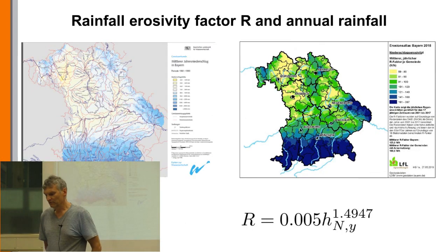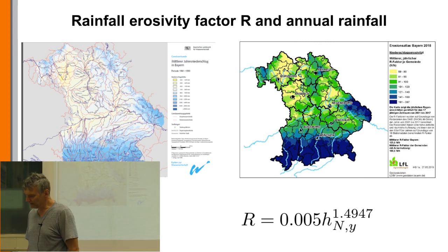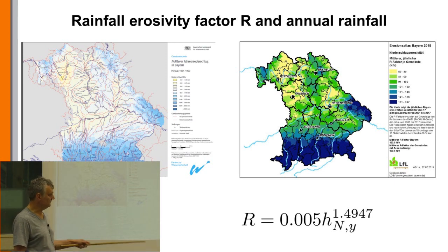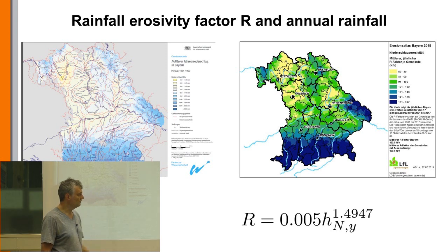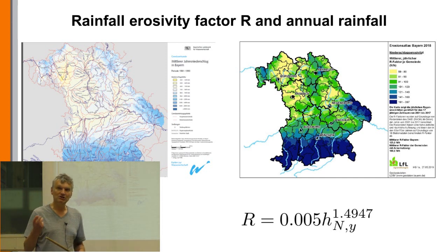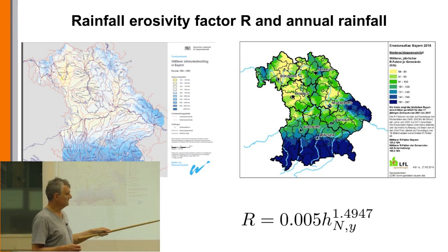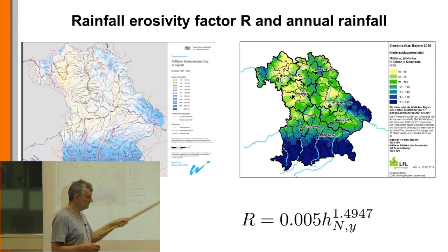Of course, when we don't have any climate change, which is actually not the case, then perhaps we can parameterize this annual rainfall erosivity, for example, with such an approach. There are a lot of approaches for how to get from the annual rainfall to the erosivity factor. This is one example. There are a lot of other examples, but when the characteristic of rainfall changes due to climate change, then this relation would also change. So this relation is only valid for a certain area.